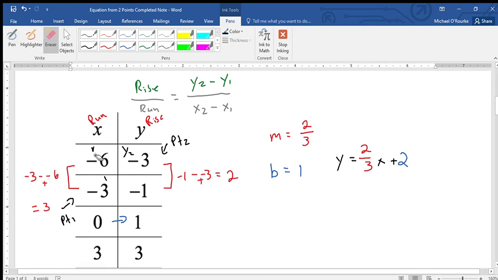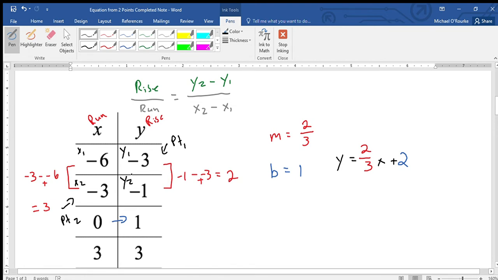I want to go back here. I got my points mixed up for how we did it. This is point 2, this is point 1. So this one here is x1, because it's point 1 and it's the x. This would be y1, this would be x2, this would be y2.